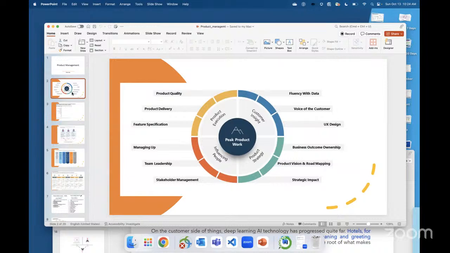Okay, so one is the product strategy. Before we jump into any given problem statement or any given solution, we try to understand the different strategies that we can use to build the product. There are 7 to 8 canvases.